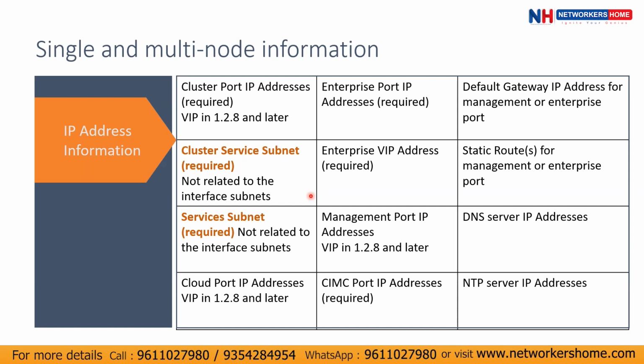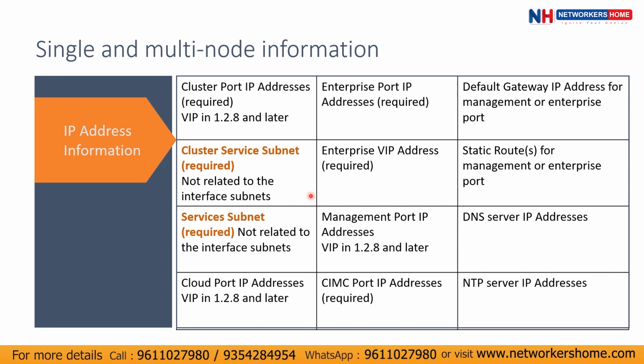Enterprise IP port, as I said, is used for communication with your network devices. That is also required. And your gateway for management or enterprise. Suppose you are using only the enterprise port, then you need to give the gateway IP address of that. If you are using the management port for out-of-band, you need to give that as the default gateway. So these are the main subnets or IP addressing which you need to give.